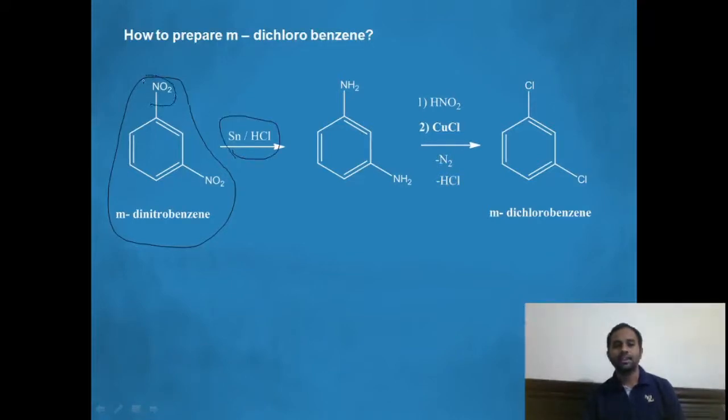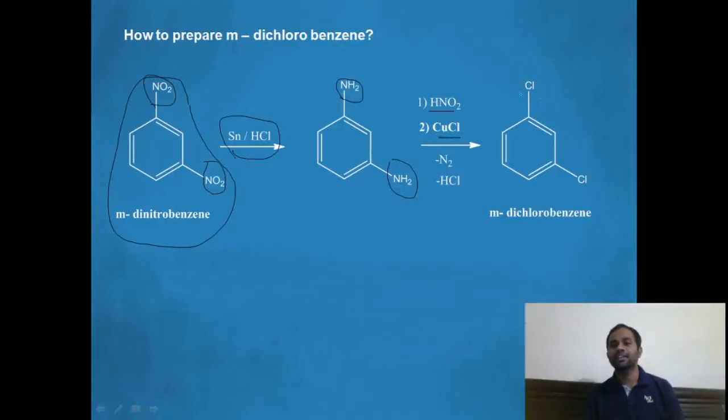Both the nitro groups on the meta-dinitrobenzene will undergo reduction to give NH2 groups, that is meta-diaminobenzene as the product, which will further undergo diazotization on both the positions to give, at 2 positions, diazonium chloride, followed by Sandmeyer reaction at 2 positions.